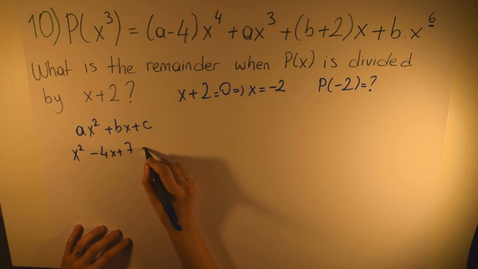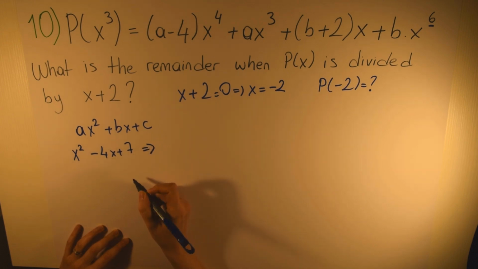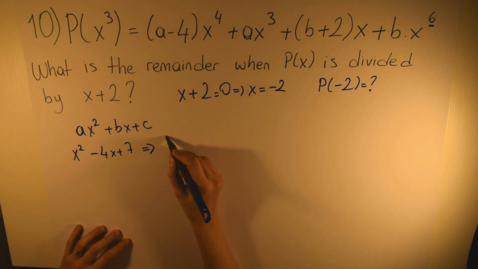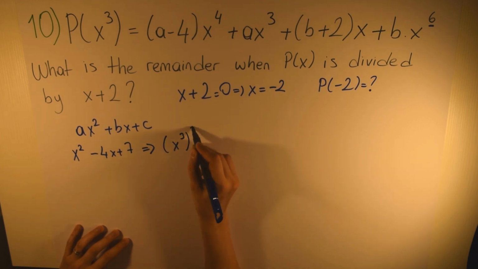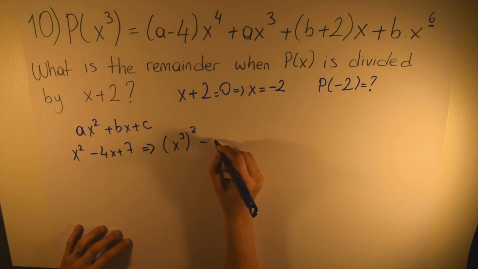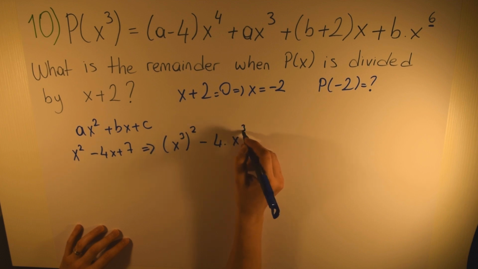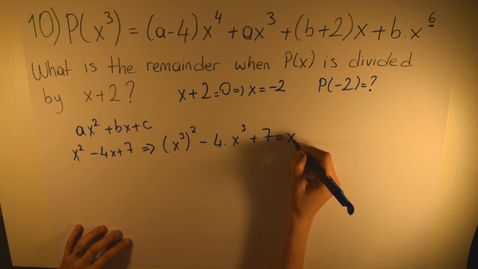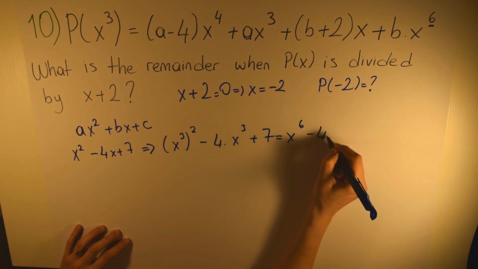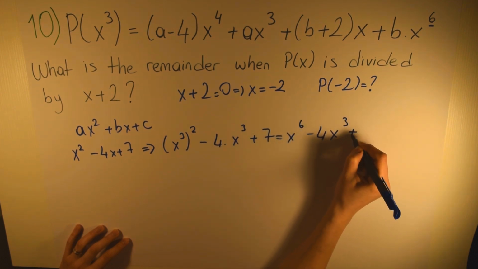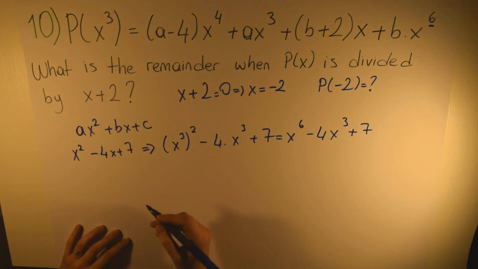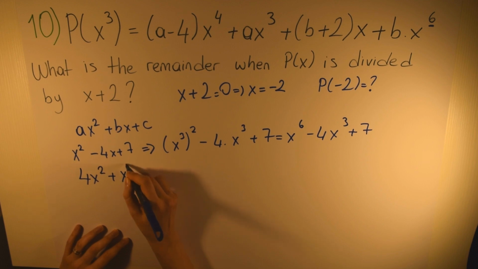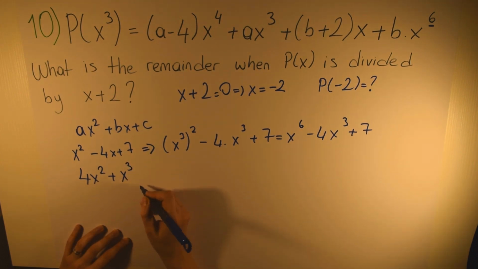When you put x to the power of 3 instead of x, you will get x to the power of 6 minus 4 times x cubed plus 7. Or you can have something like this, plus x cubed, for example.